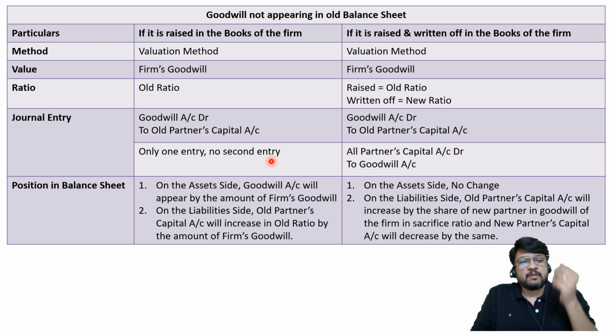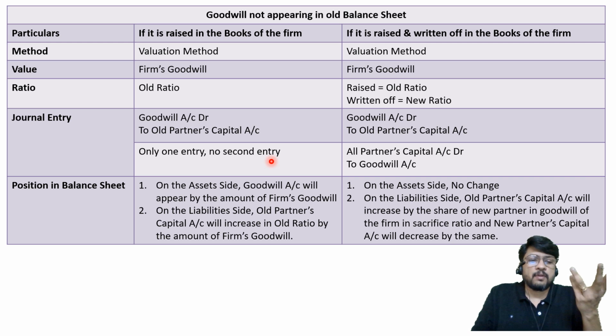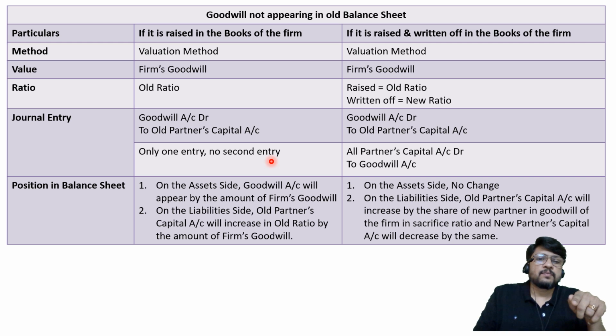Goodwill is raised in our balance sheet. Goodwill account will come. Goodwill account debit. And it is brought in by whom? By the old partner. So it will be credited to old partner's capital account. Goodwill account debit to old partner's capital account. In which ratio? In the old ratio. And immediately we are writing it off. In that case, goodwill account will have to be credited because we want to write it off.